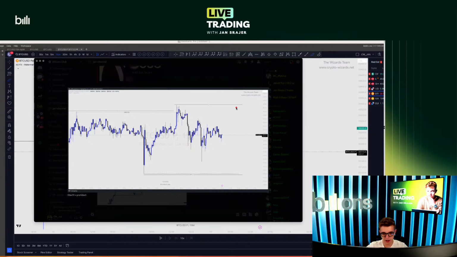I'm not trying to predict the price, kind of. I'm just reacting to the levels that are formed on a chart, if that makes sense. So I'm reacting to what the chart gives me, and I'm trying to take advantage of that. Basically, we've got a liquidity level down here and a liquidity level up here. These are the two levels that we are paying attention to.